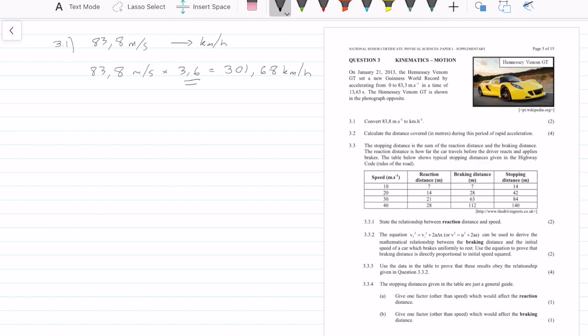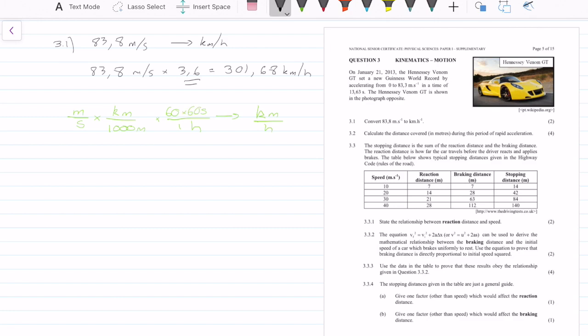Essentially we start with meters per second, and the final answer we want is in kilometers per hour. So we want to get rid of the meters and we want a kilometer at the top. So we replace it with a kilometer, which has 1000 meters. Then we want to get rid of the seconds, so we put seconds up there, and we want an hour at the bottom, and 1 hour has 60 times 60 seconds.